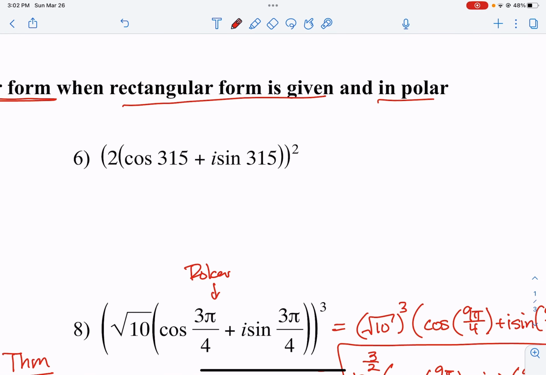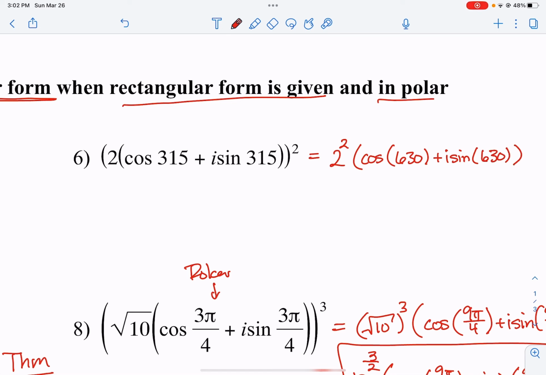Same rule here. We're going to multiply the angles by 2, and we're going to raise the magnitude to the power of 2. So this is going to turn into 2 to the power 2 times cosine of 315 times 2, which should be 630 degrees, plus i sine of 630 degrees.